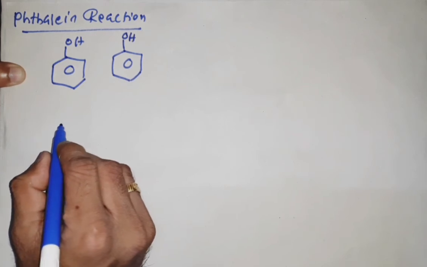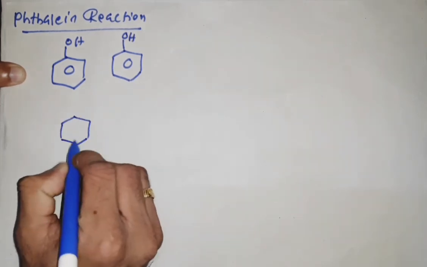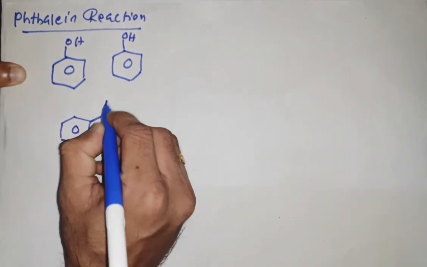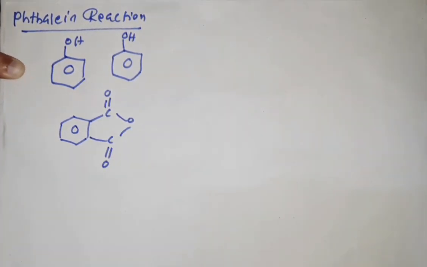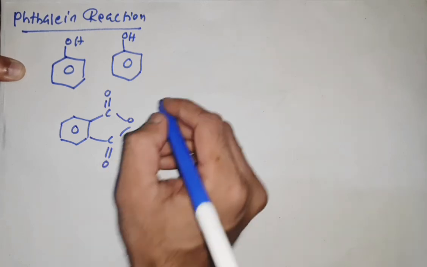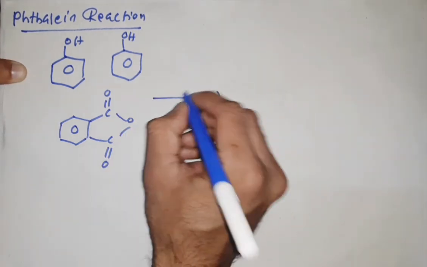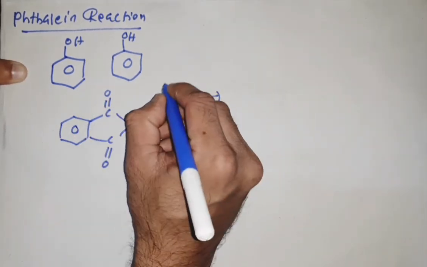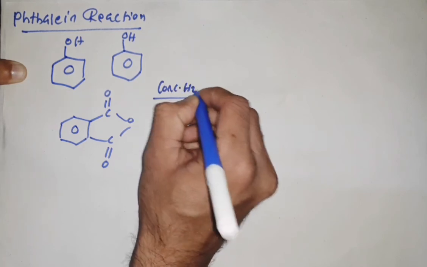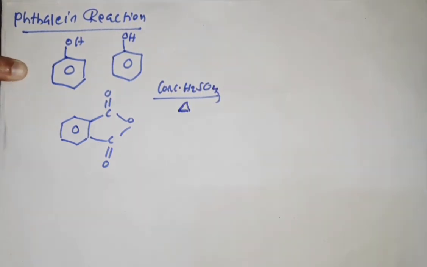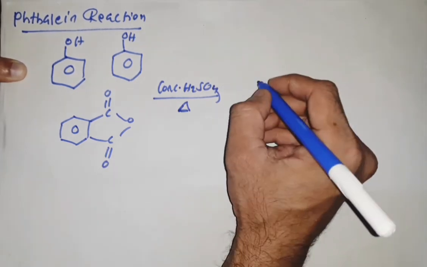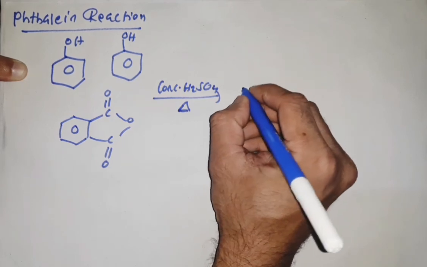phenol are heated with phthalic anhydride. This is phthalic anhydride. Heated in presence of concentrated sulfuric acid, we get phenolphthalein.